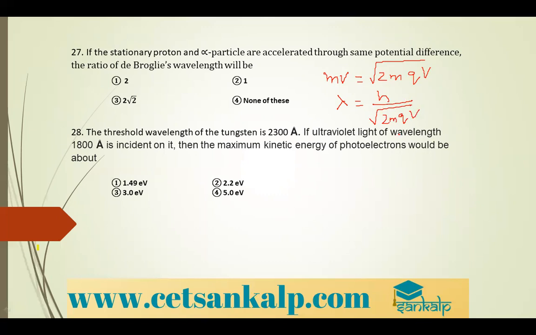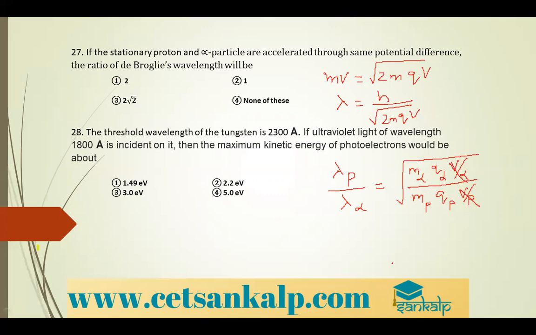Now we can say it is inversely proportional to root of mass and charge. So lambda p divided by lambda alpha is equal to square root of mass of alpha, charge and volt, divided by mass of proton, charge and volt. As they have told the same potential, the voltages get cancelled.